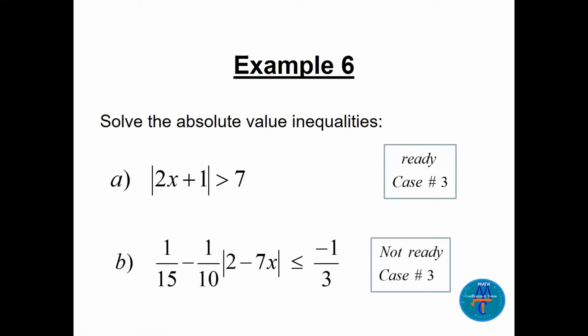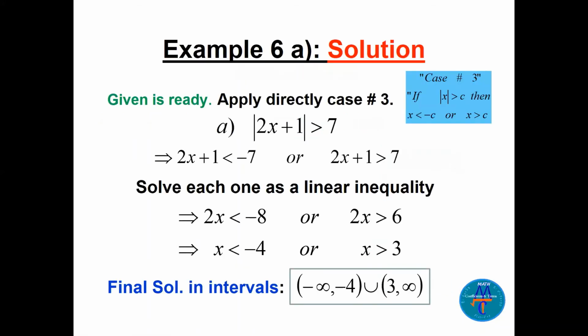Maybe after you rearrange, case 2 or case 3, because we have less than or greater than. So it's only case 2 or case 3. Now this one is ready, case 3. Remember, case 3, I said many times, I will say it again. You have to put or. At the end, we put union. That's case 3. Whatever the reason, you cannot combine these two together.